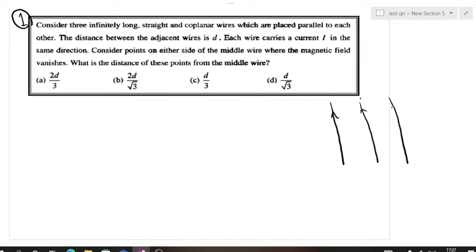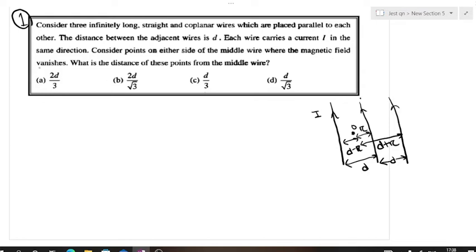Okay, current is going like this, same current, and consider a point on either side, that is R, and this is D, this is D, and the distance is D minus R. Suppose this point is here, O, and the distance from that wire is D plus R. According to the question, consider the points on either side of the middle wire where the magnetic field vanishes.